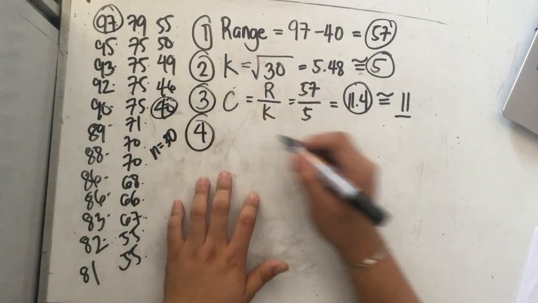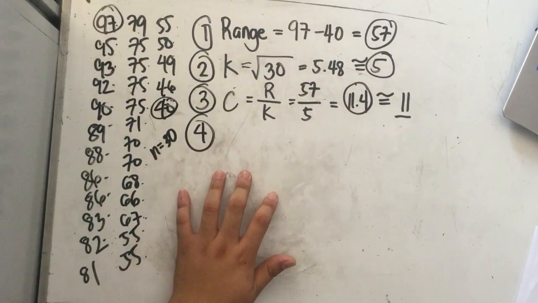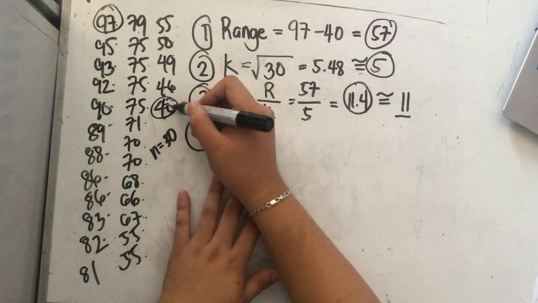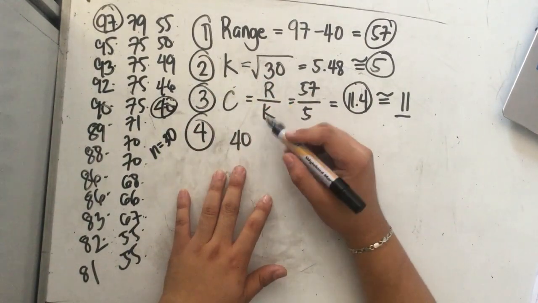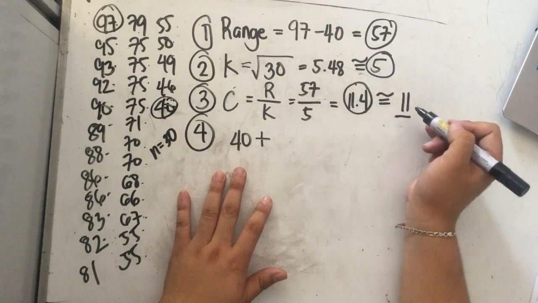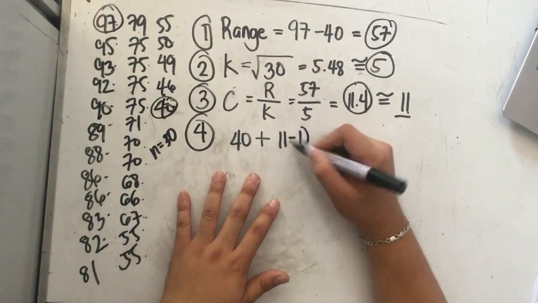Next step, we'll be getting the intervals. Okay? So, kung kukunin natin yung intervals natin, kailangan malinaw sa atin kung ano yung lower limit natin. So, yung pinakaunang lower limit natin is 40. Okay? Yun yung pinakamababa. Plus, our class width, 11 minus 1.